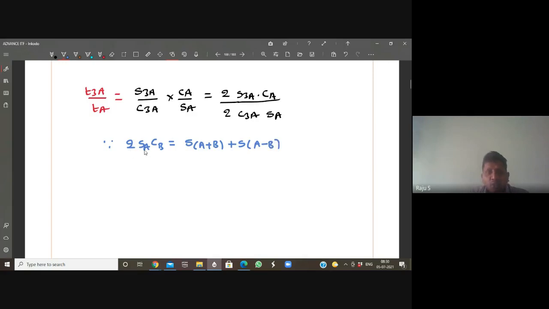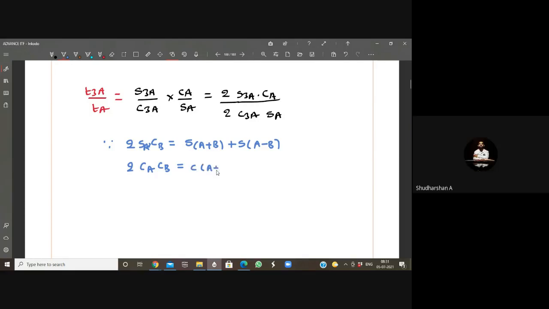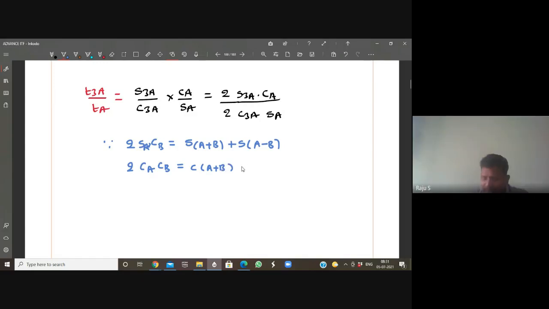If it is 2 cos A sin B, you take the minus sign. The denominator is in the form of 2 cos A cos B, and the formula is cos(A plus B) plus cos(A minus B).